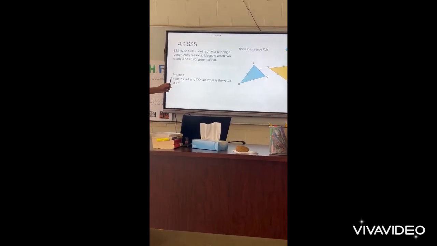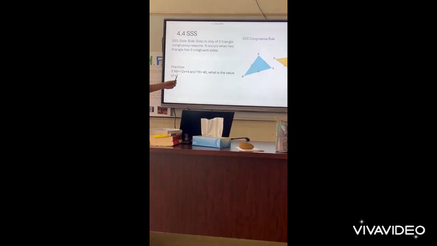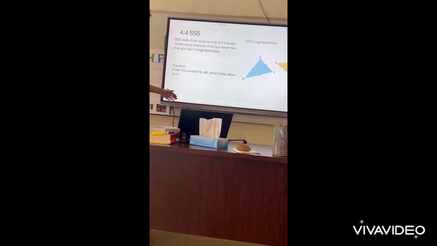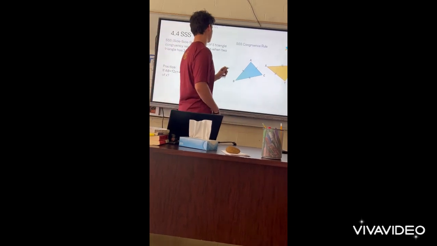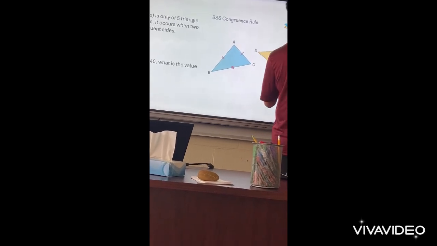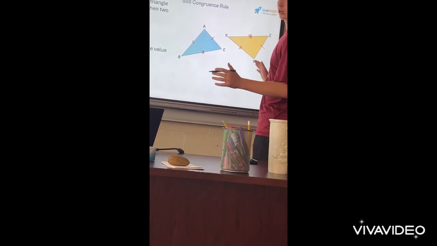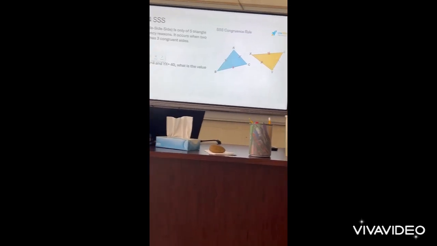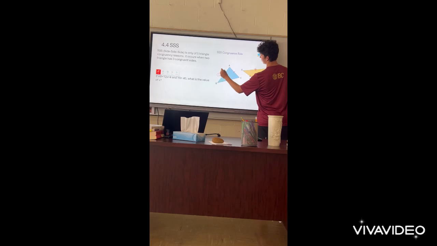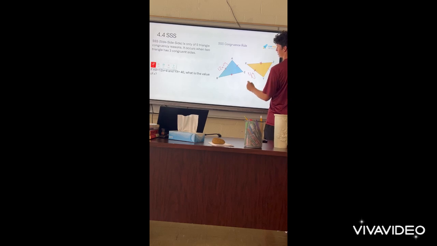Side, side, side. SSS is one of only 5 triangle congruency reasons. It occurs when 2 triangles have 3 congruent sides. This is displayed in ABC is congruent to XYZ. An example problem for this would be AB equals 12x plus 4, and YX equals 40.